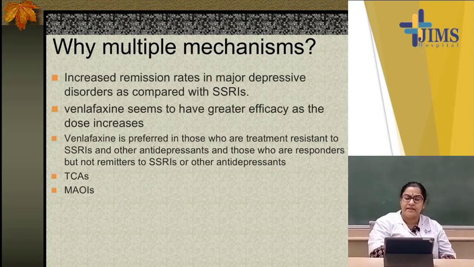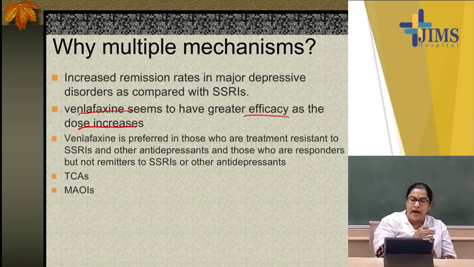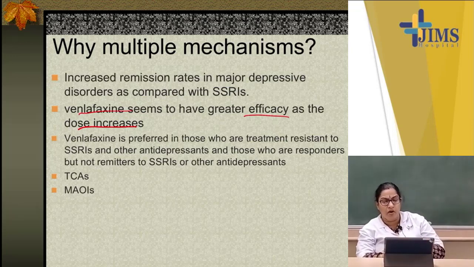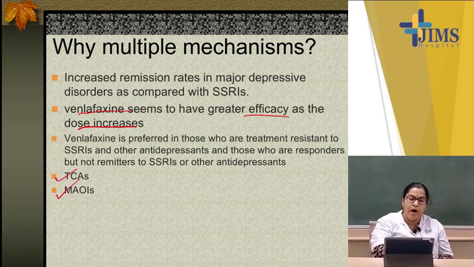Therefore, to increase the remission rate in major depressive disorders, it is very good compared to the specific serotonin reuptake inhibitors. For example, venlafaxine seems to have greater efficacy as the dose increases. Venlafaxine is preferred in those who are treatment resistant to the SSRIs and other antidepressants, and those who are responders but not remitters of SSRI or other antidepressants. Other drugs are the TCAs and MAO inhibitors.